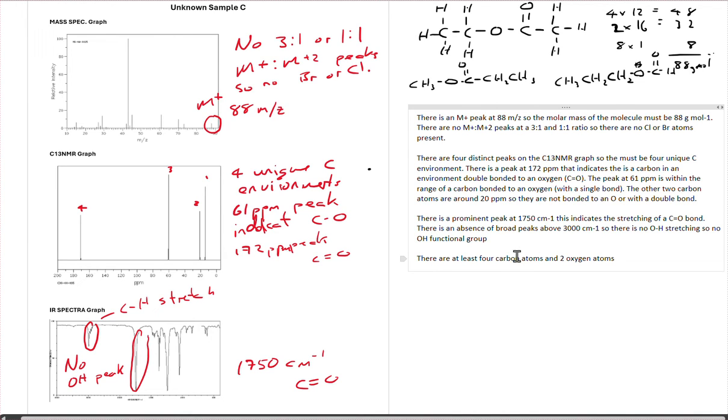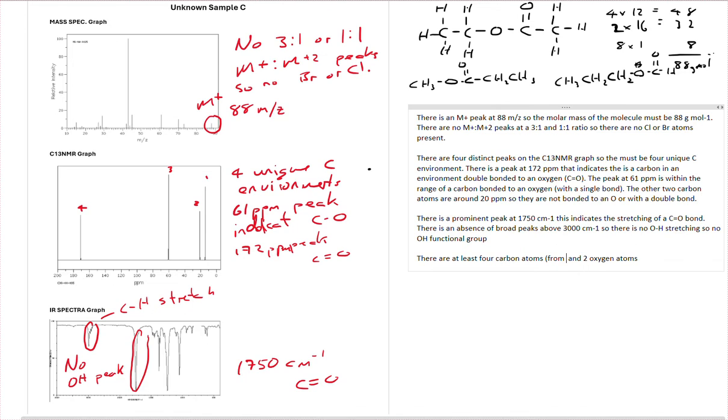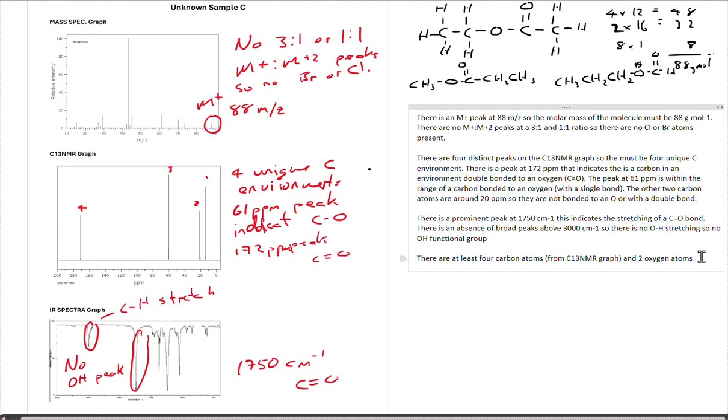There are 4 carbon atoms, and I'm just going to say there are from the carbon 13 NMR graph. We've already talked about it, so I don't need to say they're unique, but there are at least 4 carbons and 2 oxygens.